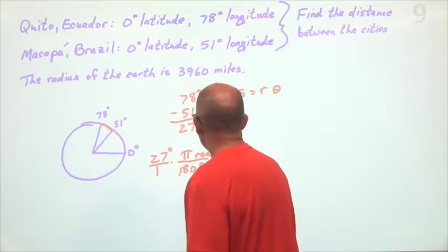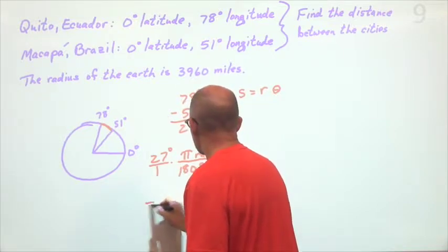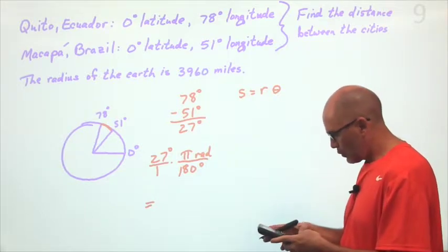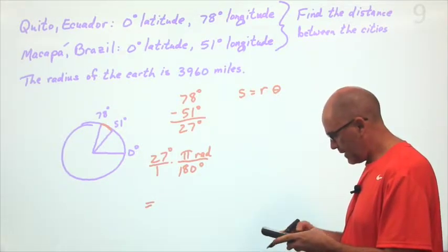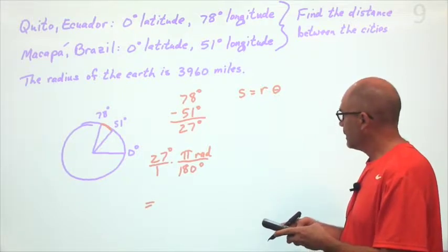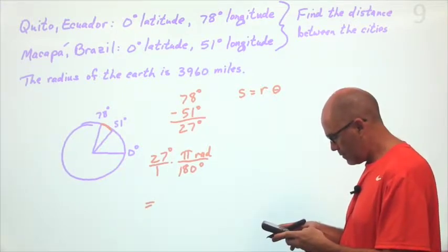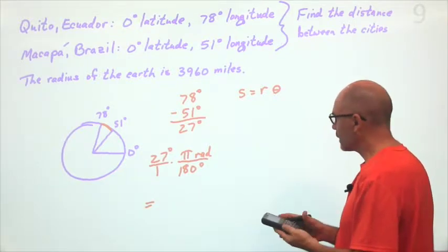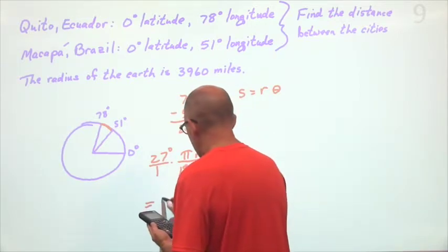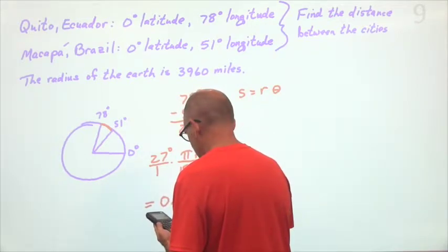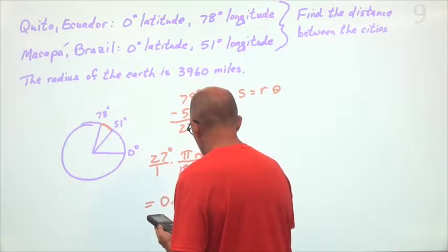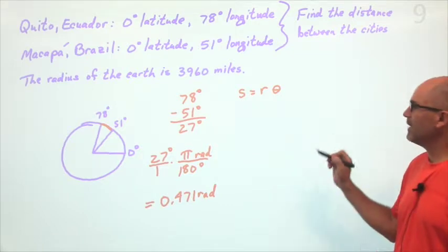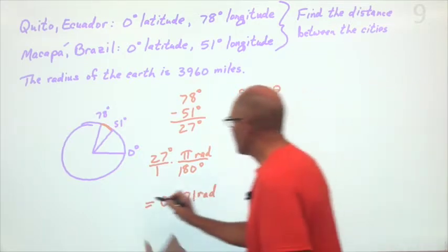So this is, back to my handy calculator, 27 over 180 times pi. That ends up being approximately 0.471 radians. Now, I'm not going to round off. I'm going to leave that in the calculator. This is my theta.